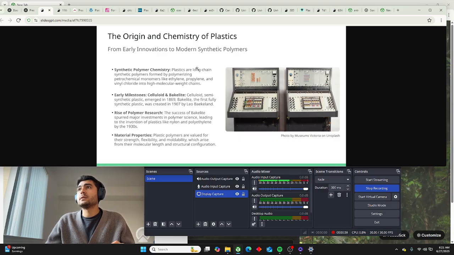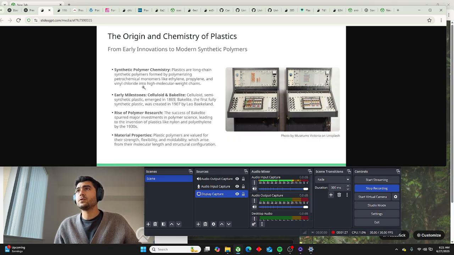Okay, so the origin of plastics: they are long-chain synthetic polymers formed by polymerizing petrochemical monomers like ethylene, propylene, and vinyl chloride into high molecular weight chains. Early milestones: celluloid and bakelite. Celluloid, a semi-synthetic plastic, emerged in 1869.